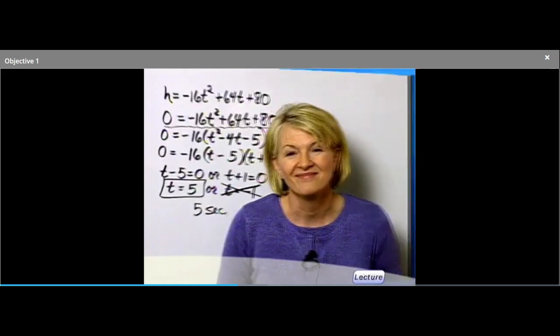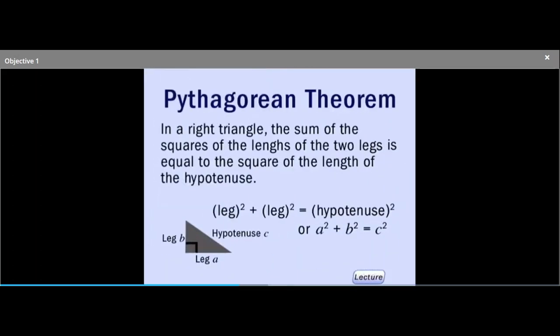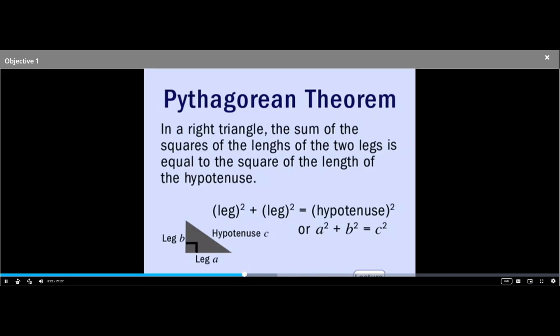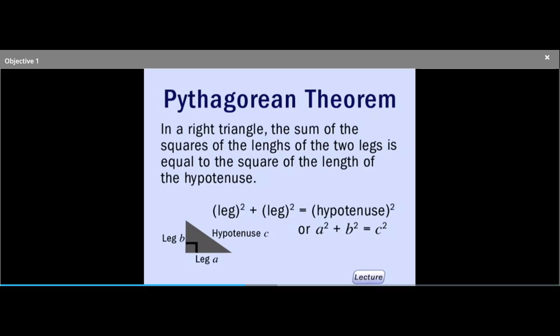It will be. Our next application has to do with the Pythagorean theorem, so let's review that theorem. Remember, it has to do with right triangles. In a right triangle, the sum of the squares of the lengths of the two legs is equal to the square of the length of the hypotenuse.